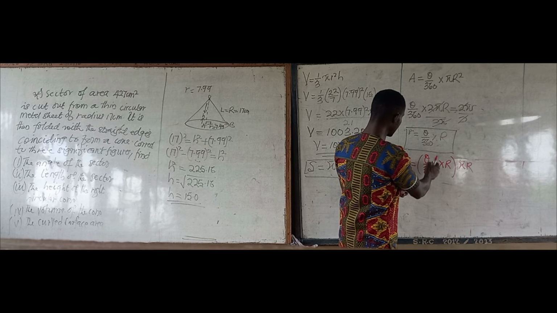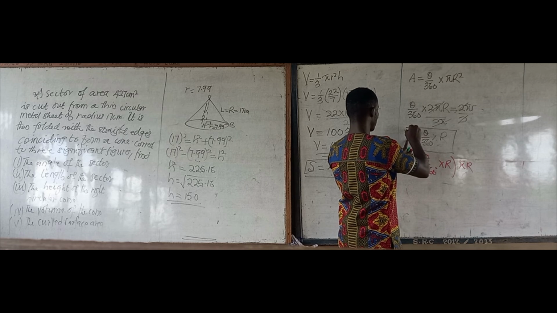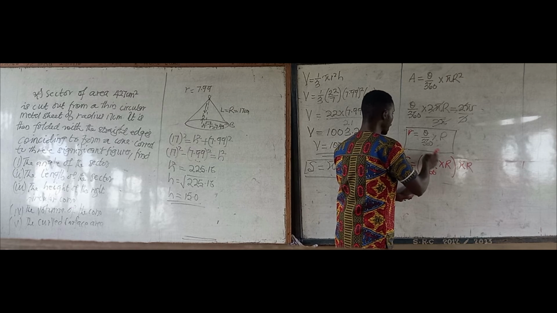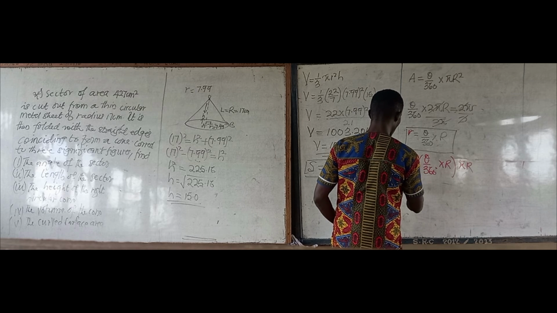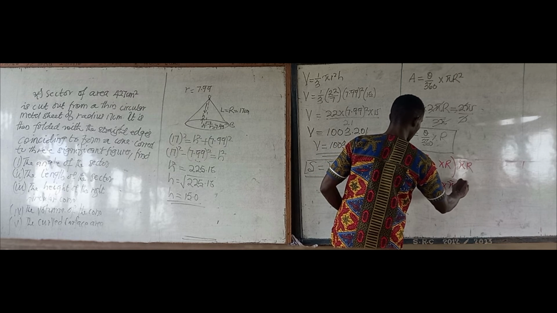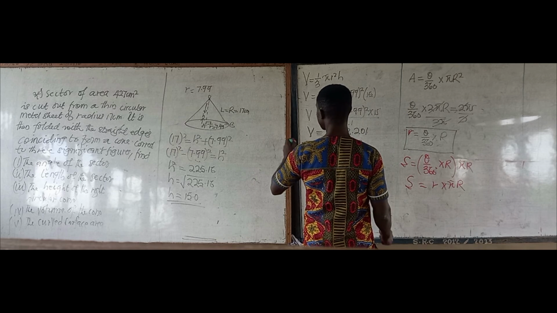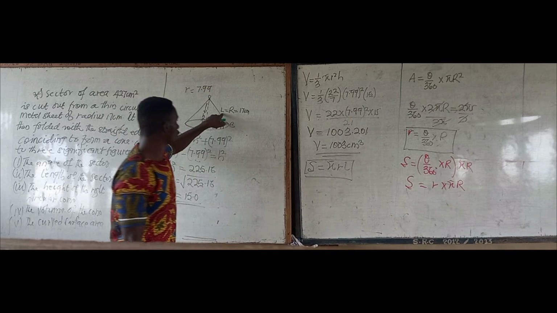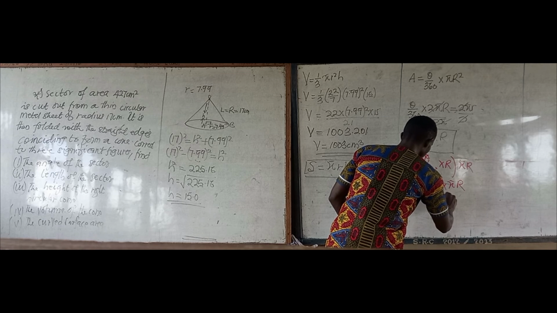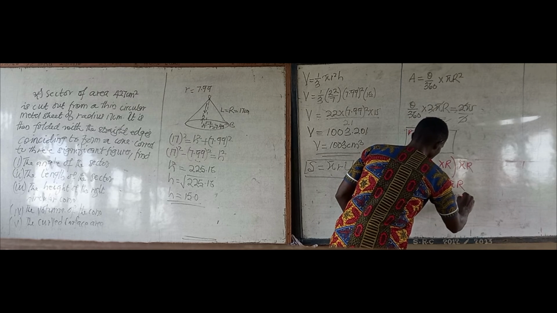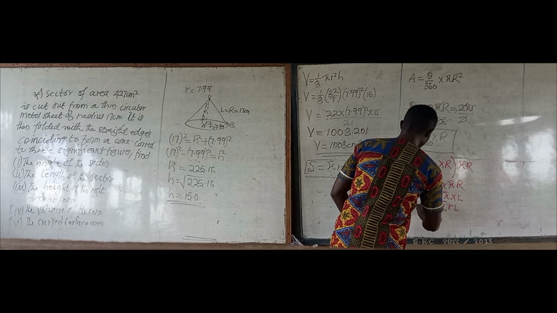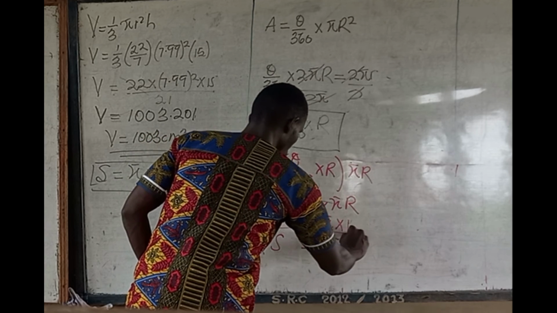And theta over 360 times R is small r. So in place of the whole of this, I can put small r, so that this will be equal to small r times pi capital R. And you are aware that L here is equal to R. So in place of R, I can put L, and that will give you pi r L. And this becomes the surface area of a cone.